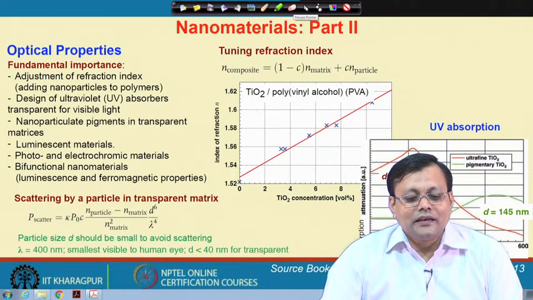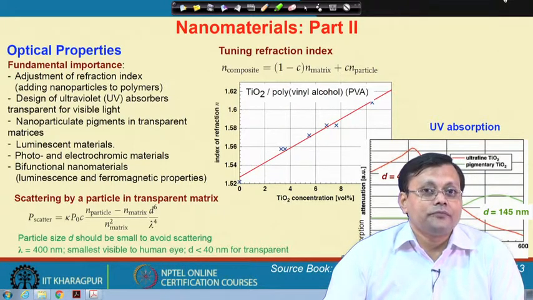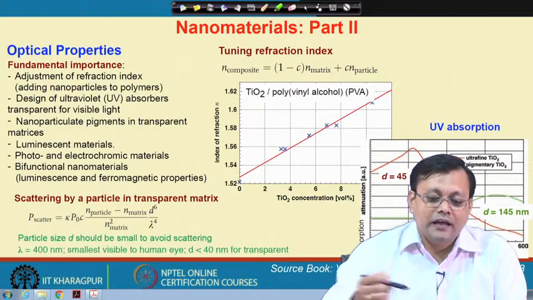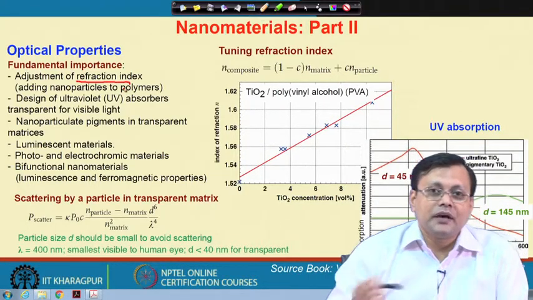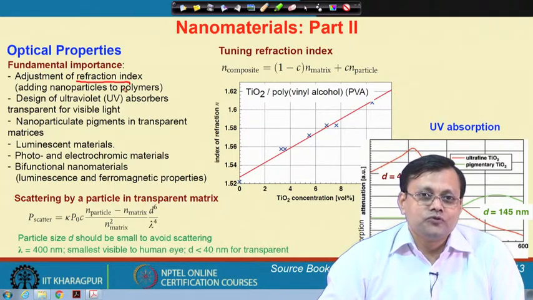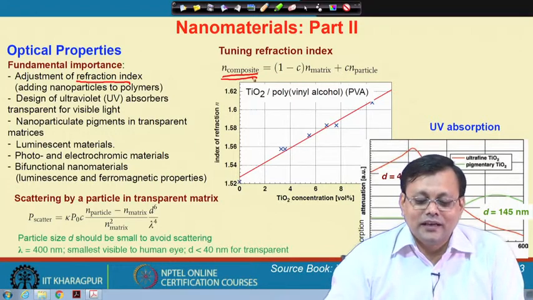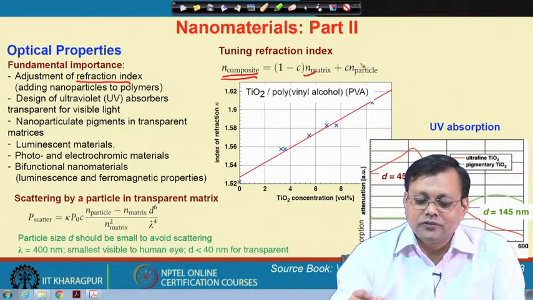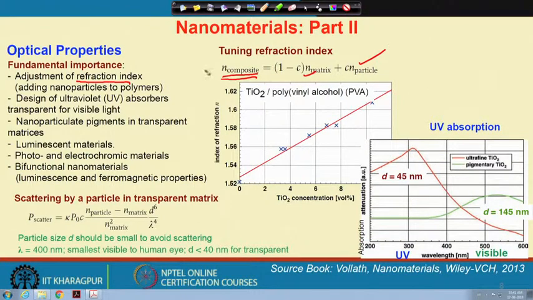Whether we can use this nanomaterial to change some of the optical properties of a matrix, means let us say I have a matrix which has a refraction index, and if I add a nanoparticle into that matrix, is it possible to change the refraction index? The answer is yes. So, let us say for this nano composite the concentration of the matrix and concentration of the particle can modify the refractive index of the composite.